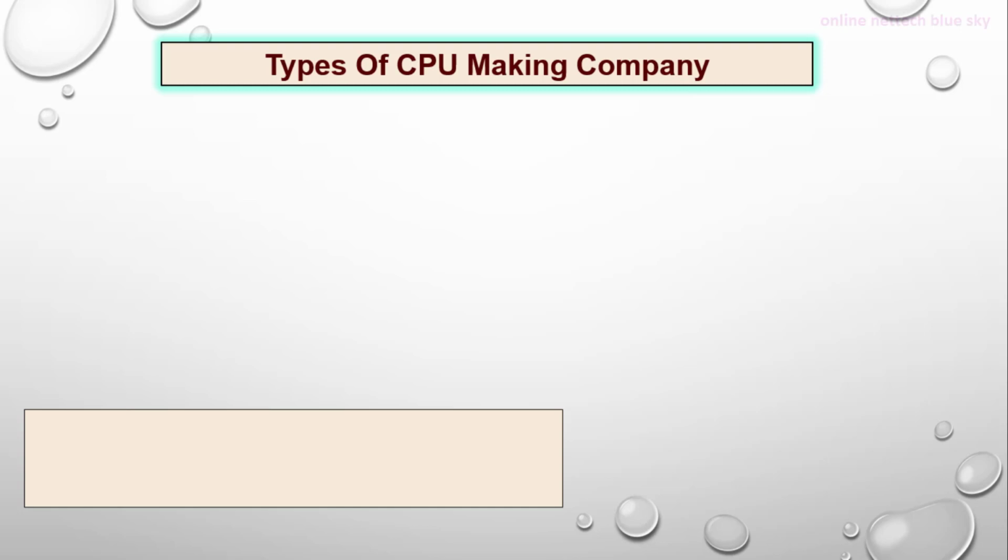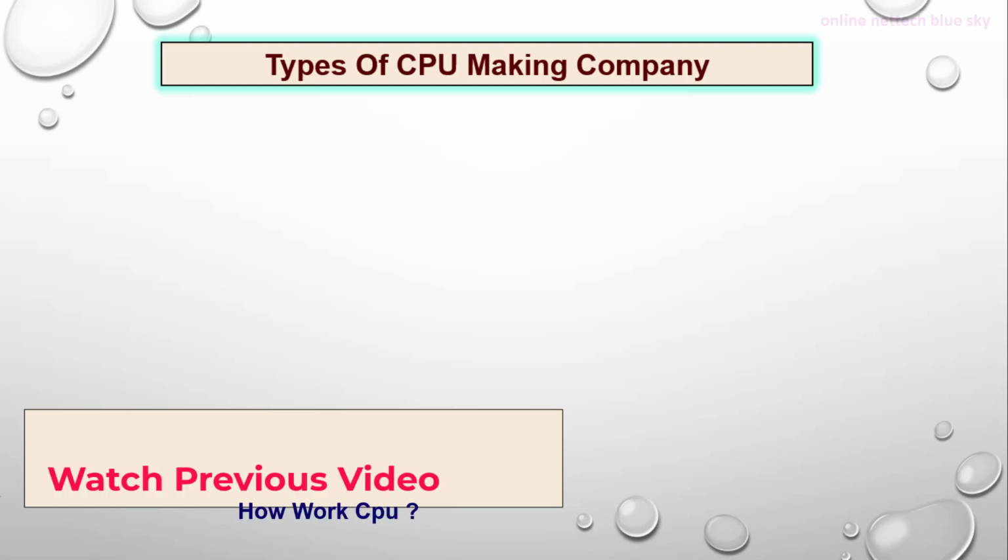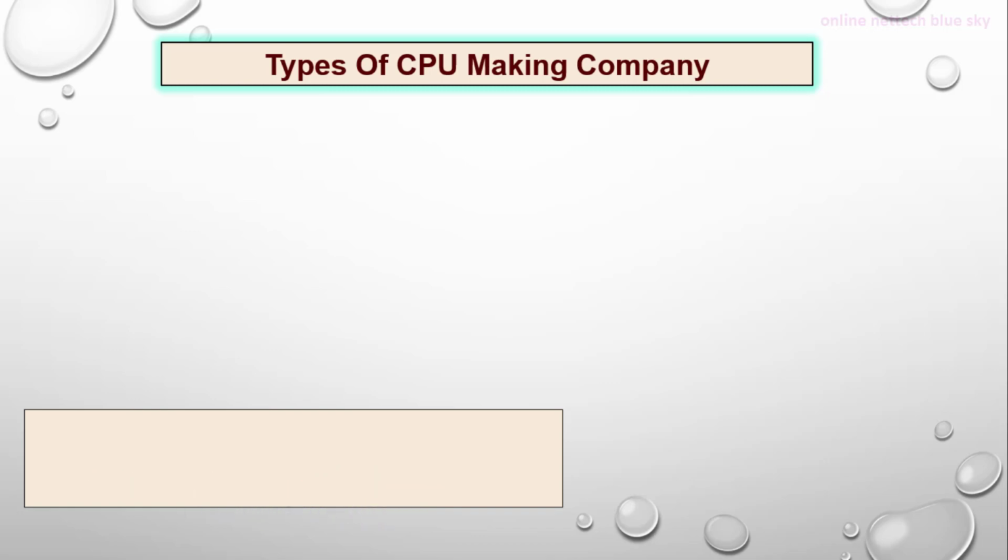I already told you in the previous video what a CPU is, how you use a CPU, and why this type of CPU technology is an important part. The CPU is the main central processing unit, and the whole computer works through this important part.